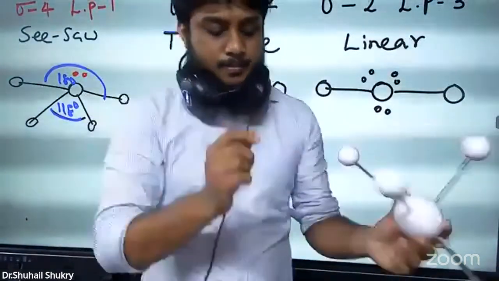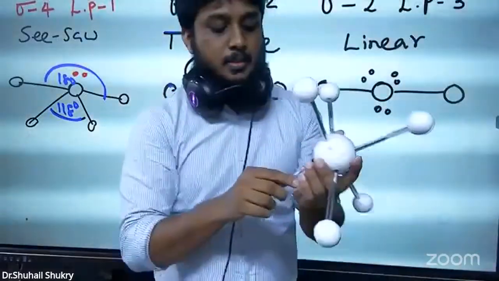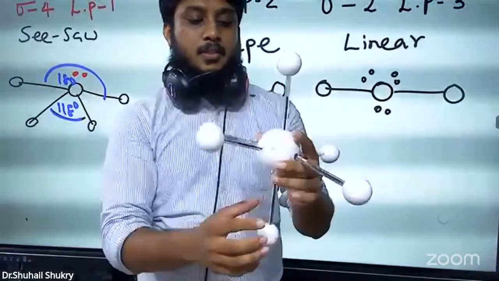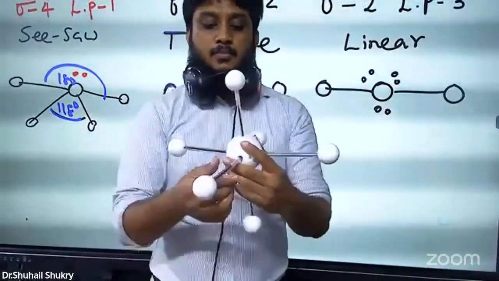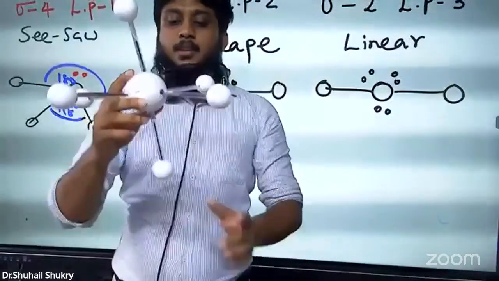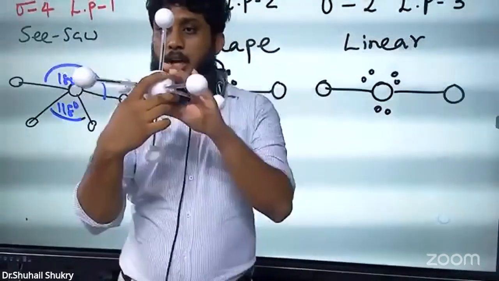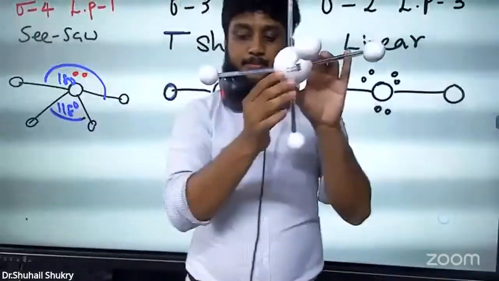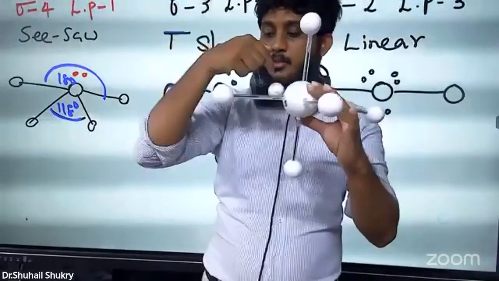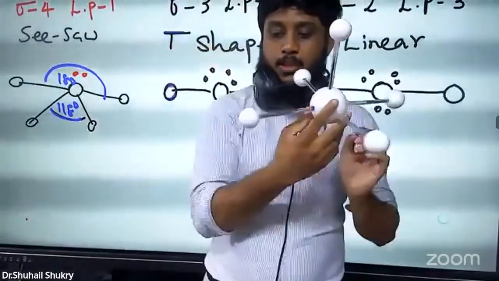Again, this one thing, this other thing. Now what is this? This is octahedral. One is linear, the other one is a square. This is octahedral.